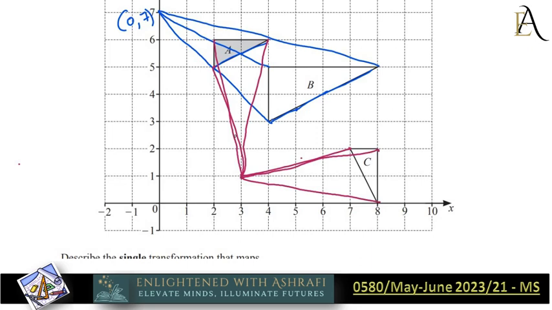So I get the center of rotation, that is (3, -1), and since the object is being rotated from here to here, that means it is 90 degrees clockwise.